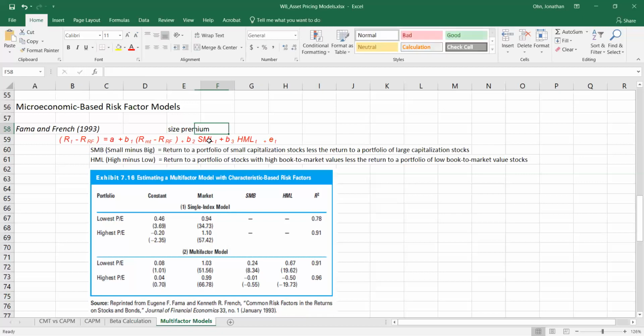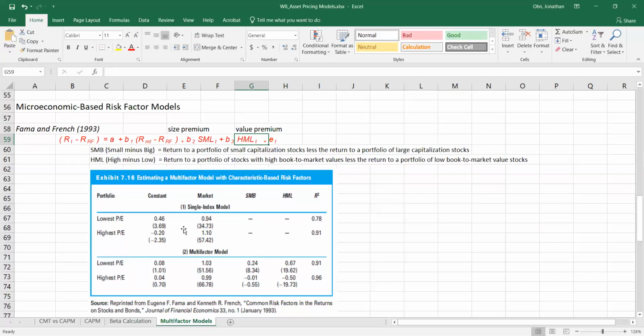And B3, for the value factor, is called the value premium.